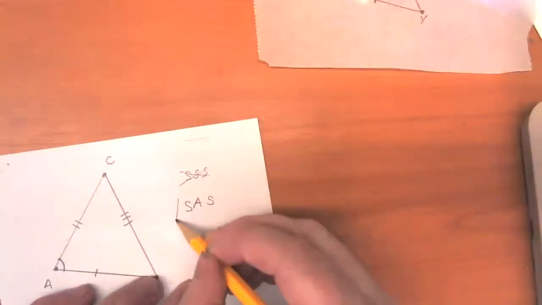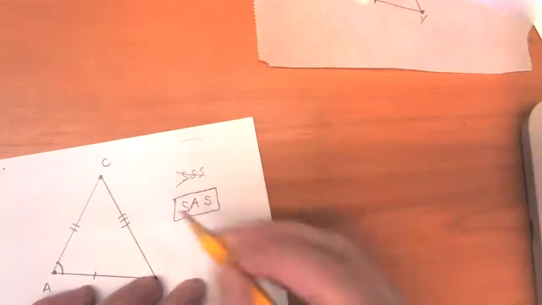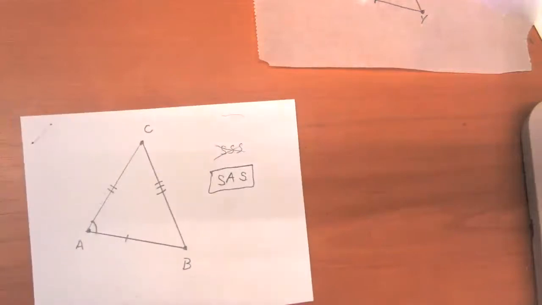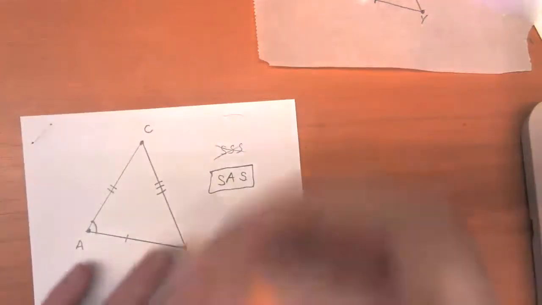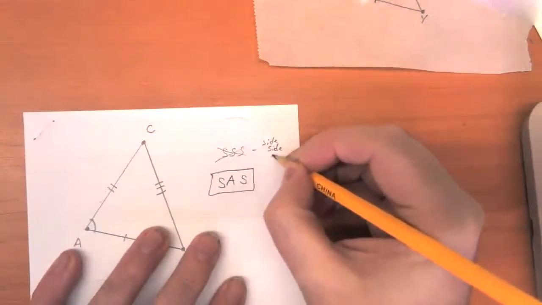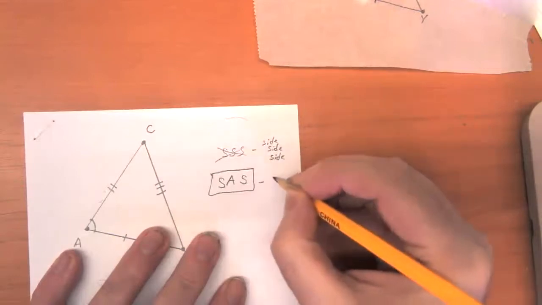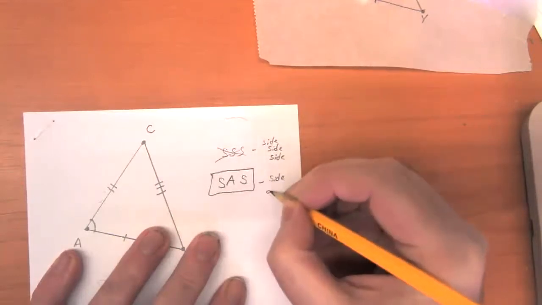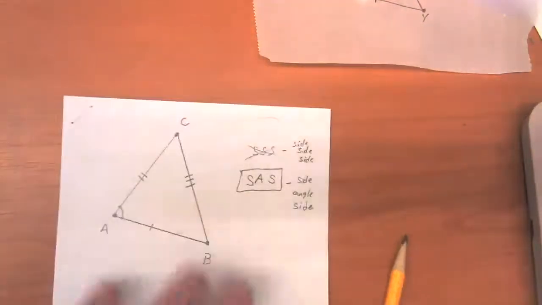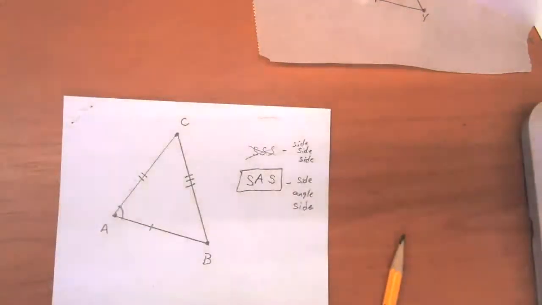And that gives us the second rule for knowing if two triangles are congruent to each other, which is called SAS. So SSS stands for side, side, side, and SAS stands for side, angle, side. And so this gives us another set of rules.